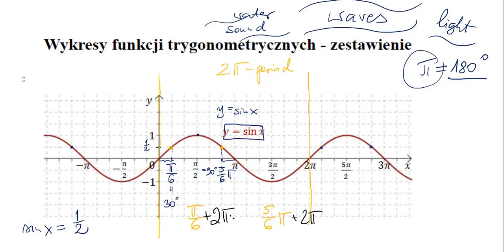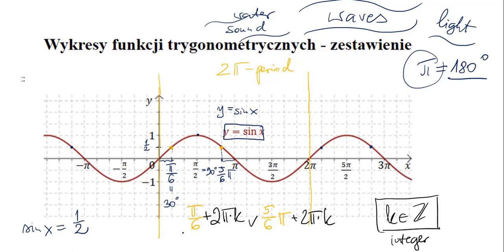So you need to add k times 2 pi, where k is an integer. So we use a big letter Z. So k is an integer, right? And that's it. So this equation gives you infinite answers, but you can write them in this way.